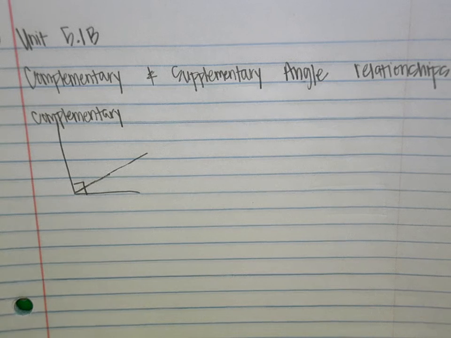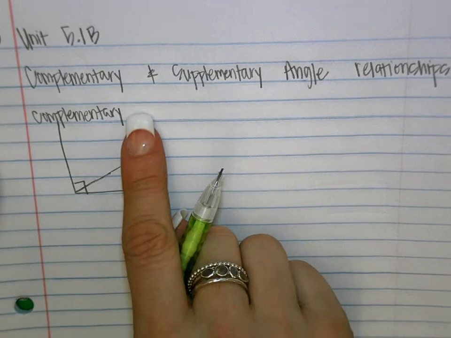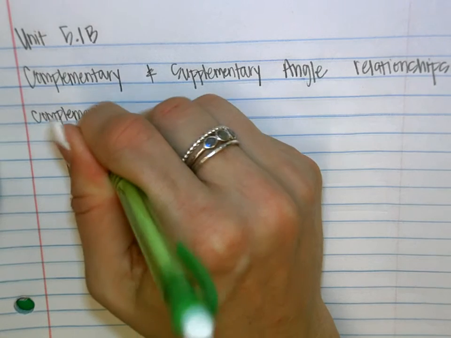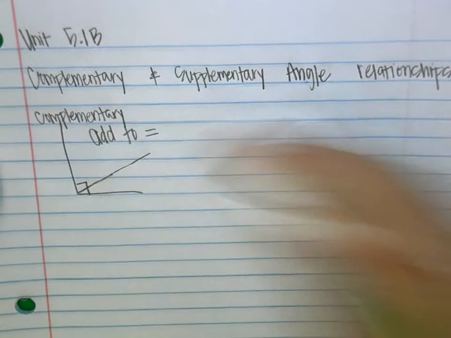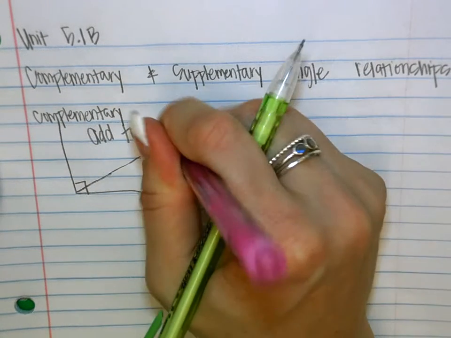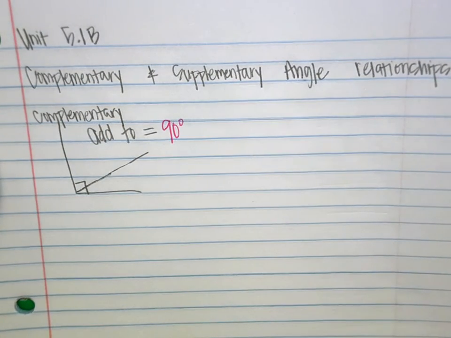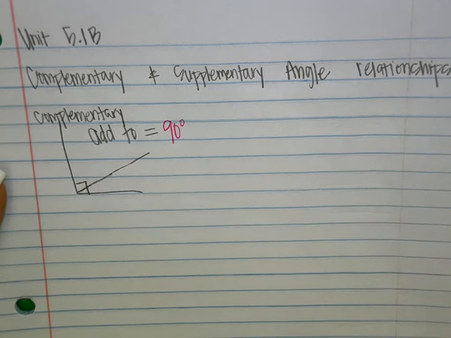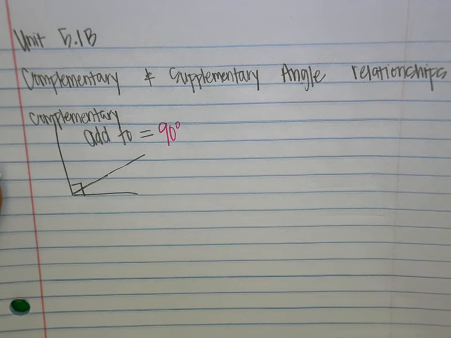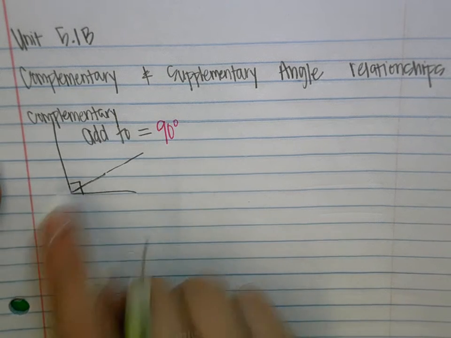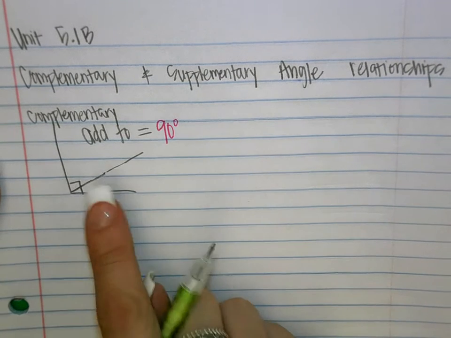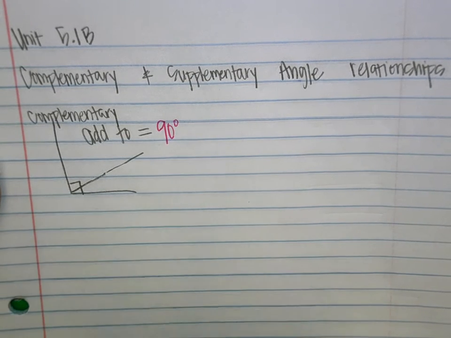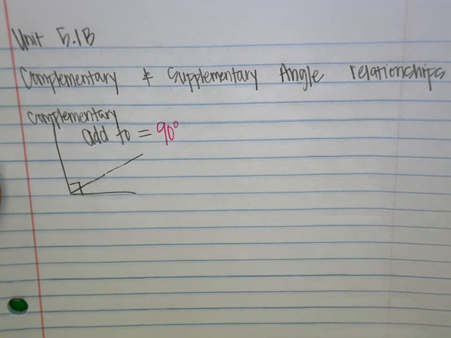The whole point here is that complementary angles add to equal 90 degrees. No matter how many times you cut it up, this whole thing is 90 because it has that little box. Okay, that's all you have to worry about, is that all of these together add to equal 90 degrees, and those are called complementary angles. I'm going to give you some where you're going to solve something.